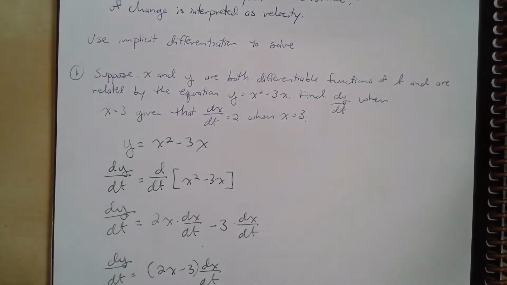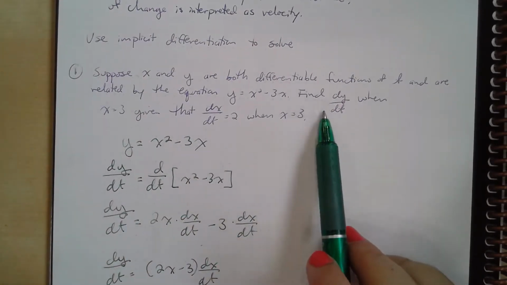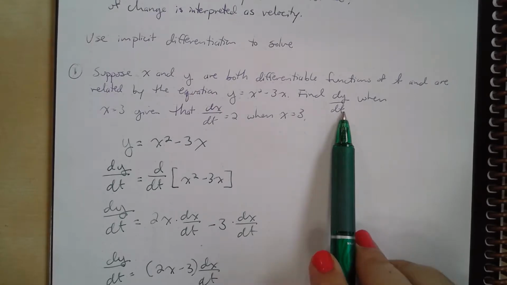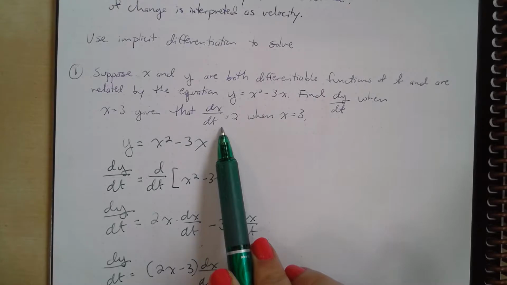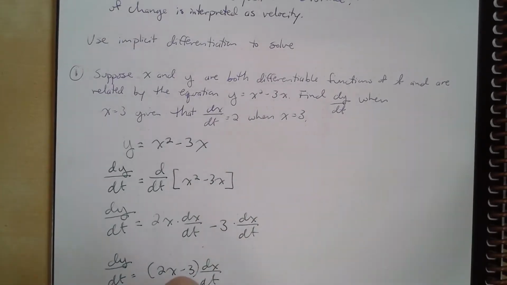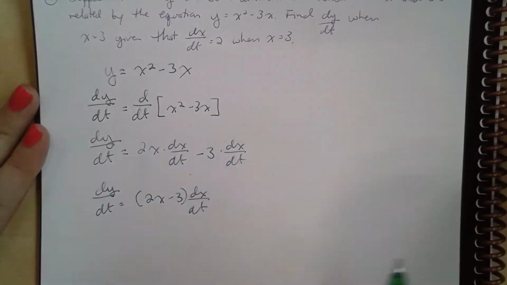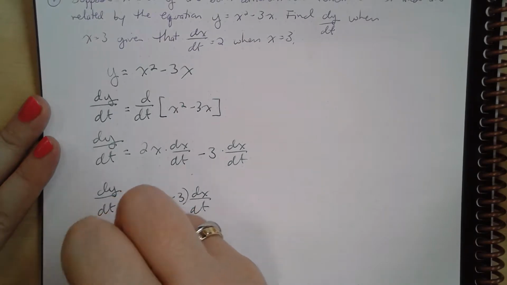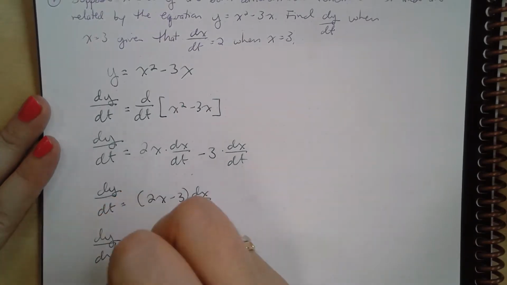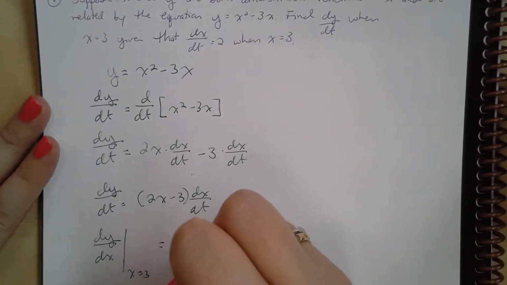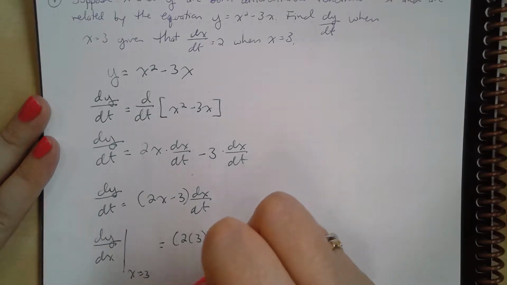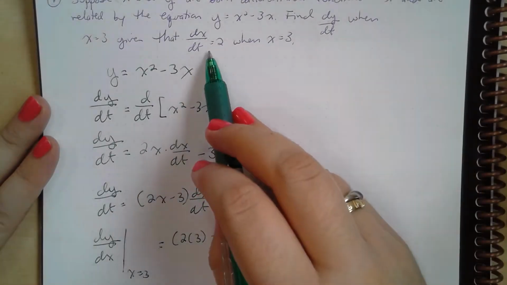Now we found dy over dt, but we're supposed to find that when x equals 3, given that dx dt equals 2 when x equals 3. So dy over dt when x equals 3 is going to be equal to 2 times 3 minus 3 times dx dt, which we were given as 2.